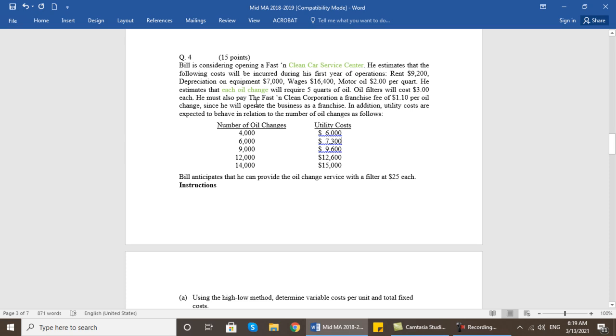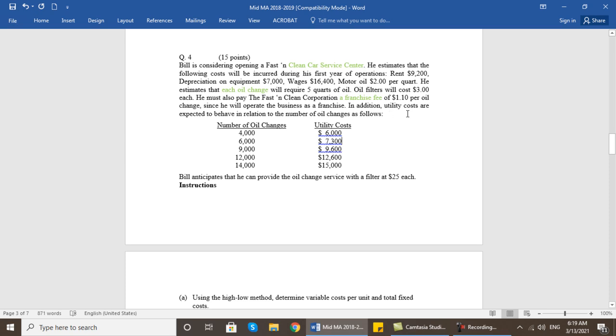He must also pay the Fast and Clean Corporation a franchise fee of 1 cents per oil change. He must pay the franchise fee to the company whose name he operates under, as part of the cost, since he will operate the business as a franchise.